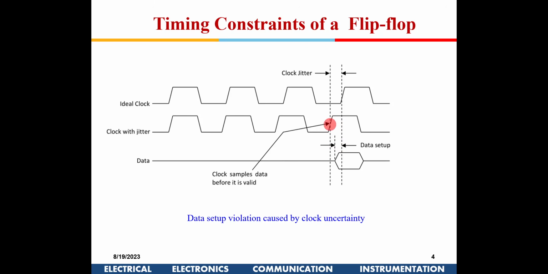If the clock is arriving early itself, what can happen? Like the setup time, in this particular case, had the clock come at the correct time, there was adequate time available for the setup. Now because the clock is arriving early, and this data is changing here, there is no adequate time available for setup. So this can cause a data setup violation.